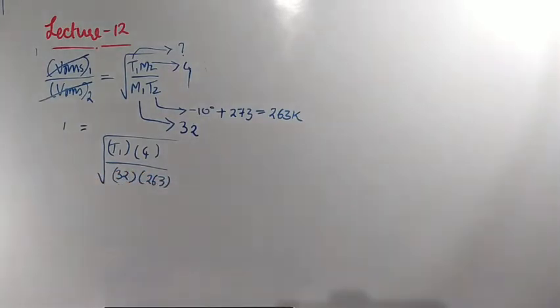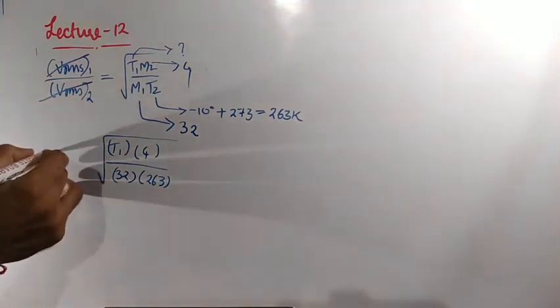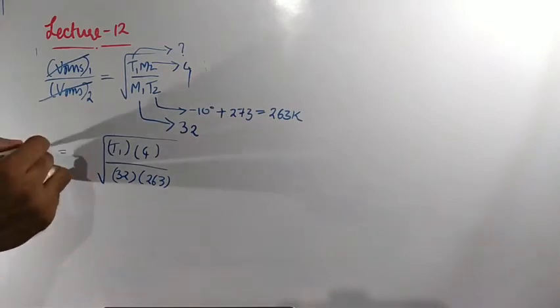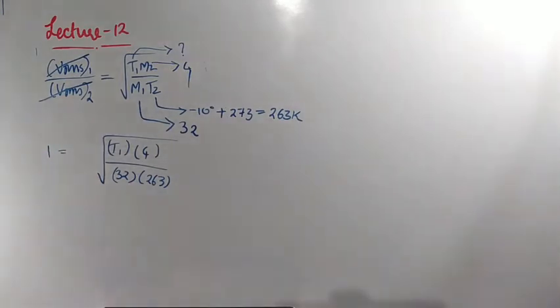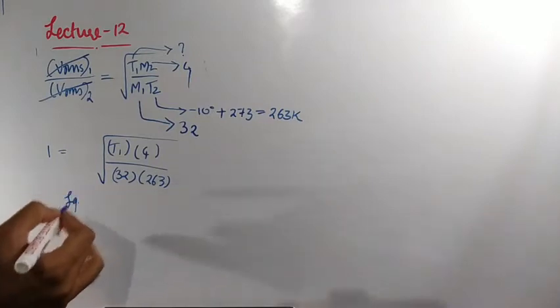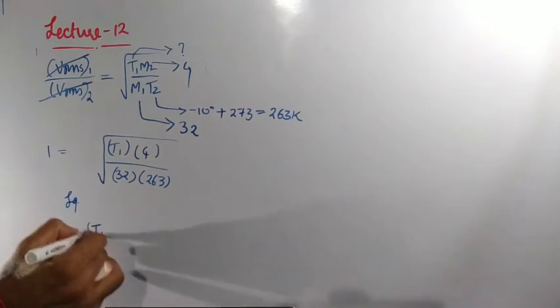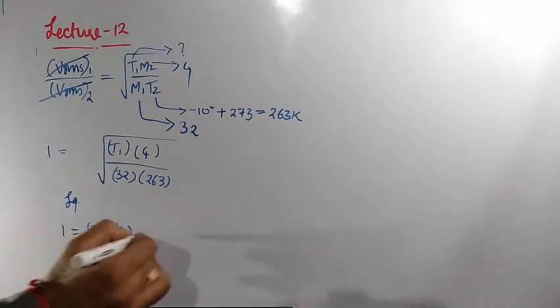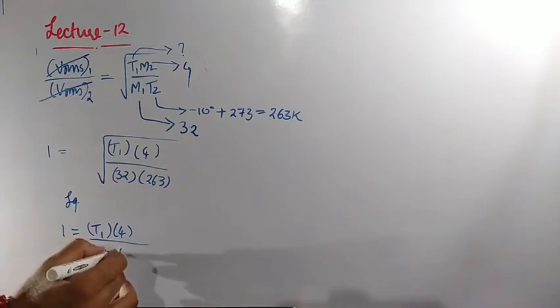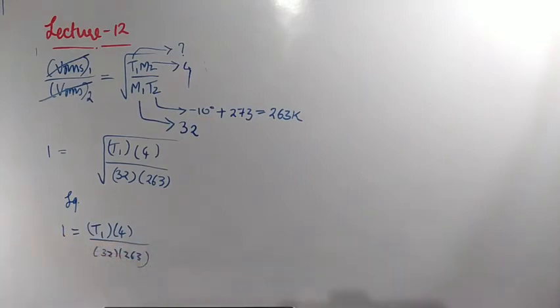Clear? Squaring both sides, 1 square is 1, and on the right we get T1 into 4 divided by 32 into 263.